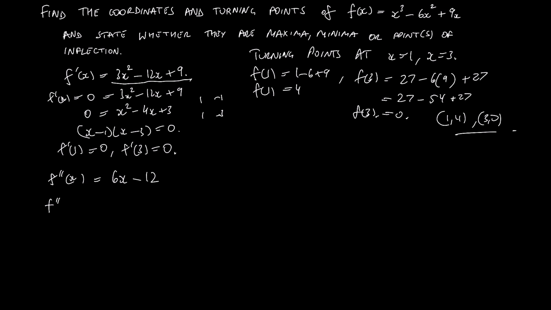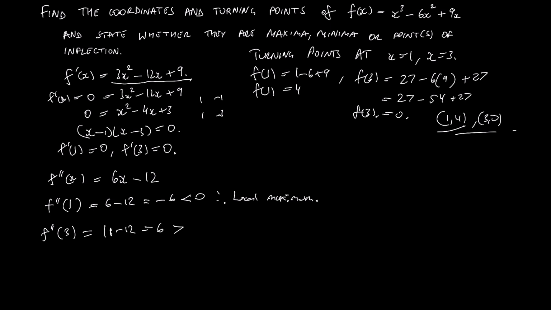So the first turning point is at 1, 4. So we put in 1 for x, which is 6 minus 12, which is negative 6, which is less than 0. Therefore, at 1, 4, we have a local maximum. And then we check for x equals 3, we end up with 18 minus 12, which is 6, which is greater than 0.